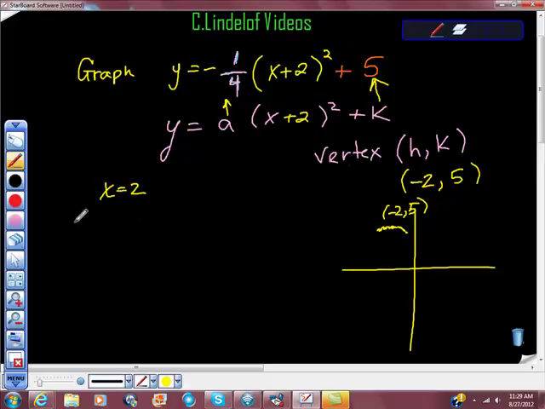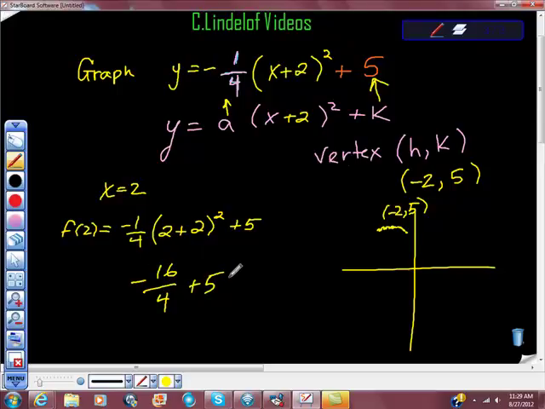So I'm going to solve here for f of 2. So f of 2 is negative 1/4 times the quantity x, and we said x would equal 2, so I'll put the 2 there, plus the 2 that was already there, squared, plus 5. If we look at that, we get 2 plus 2 is 4. 4 squared is 16, so we get negative 16 over 4 plus 5.